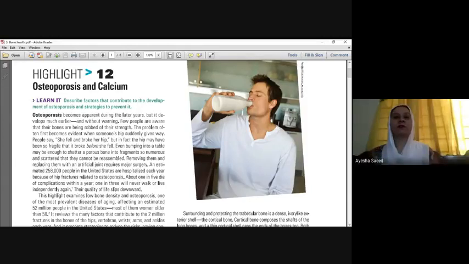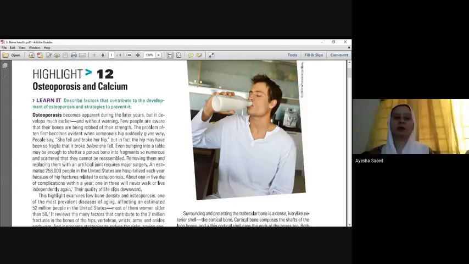So it is very difficult to see the early signs of calcium deficiency because the body has very good homeostasis to maintain serum or blood calcium levels. But in case of deficiency, it does not become evident. Few people are aware that their bones are being robbed of their strength.